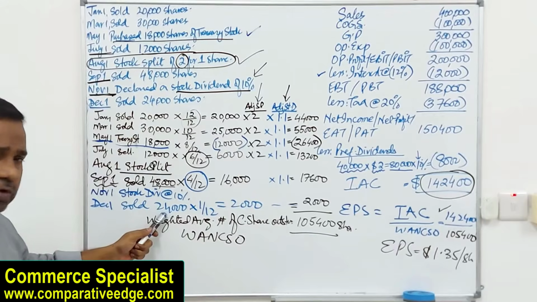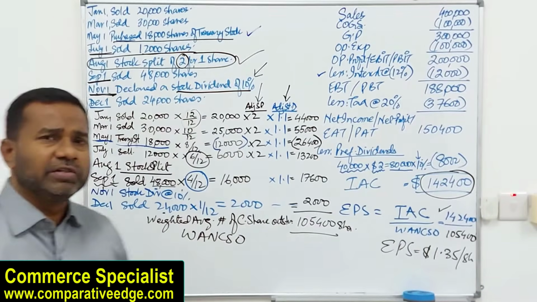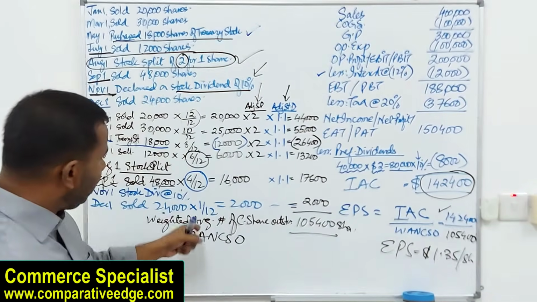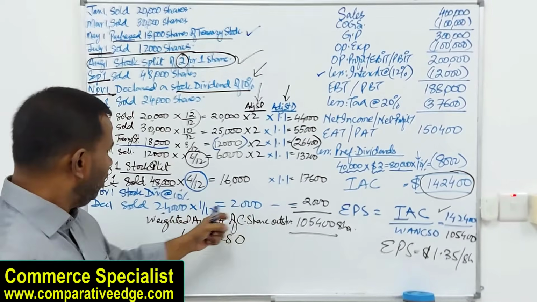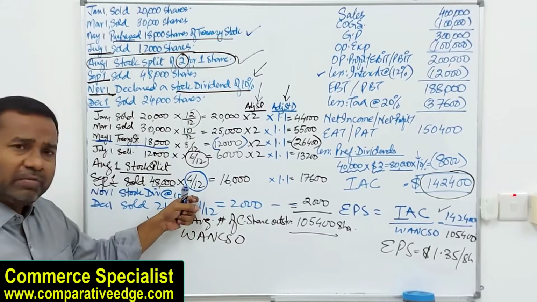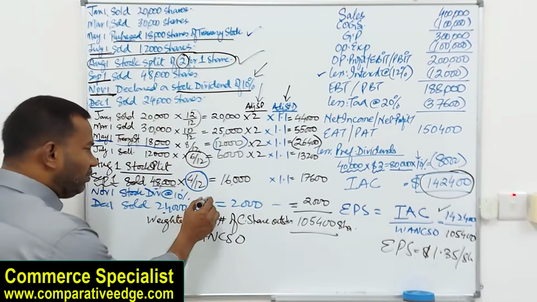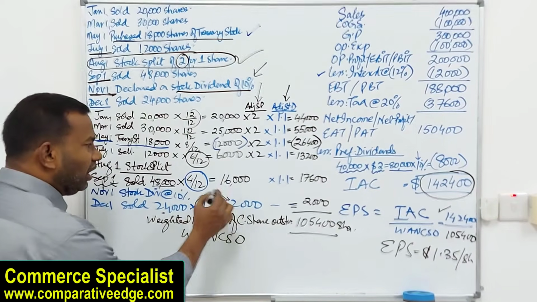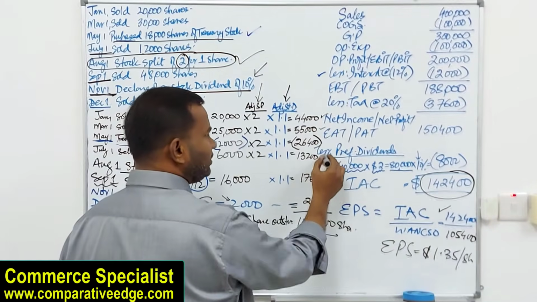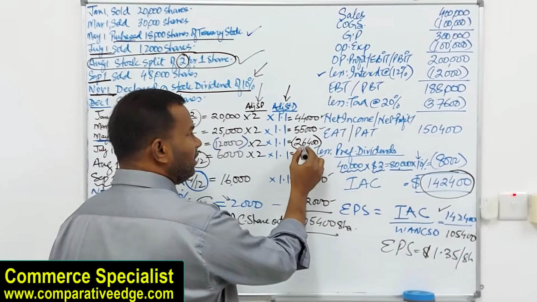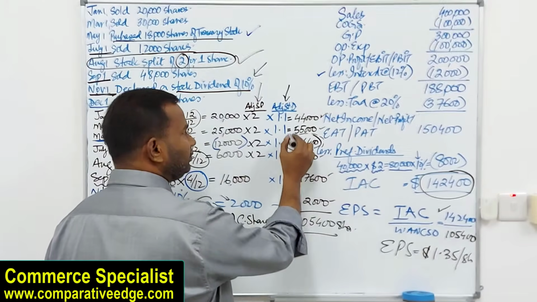Because I'm selling on 1st December, it will qualify only for 1 month, 1 upon 12. So it is equal to 2,000 shares. Although it is 24,000, because it remained outstanding for just 1 month, it is as good as 2,000 shares.